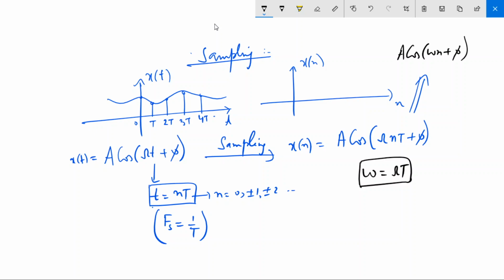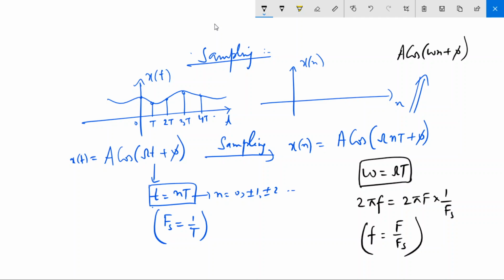Or in terms of f, if you want to write, it will become 2 pi small f is equal to 2 pi capital F into 1 by Fs. So your small f is nothing but F by Fs. So these are two important relations, how you map basically the analog frequencies into the digital frequencies.